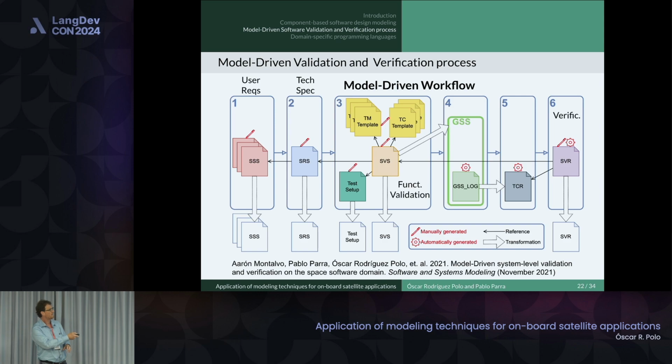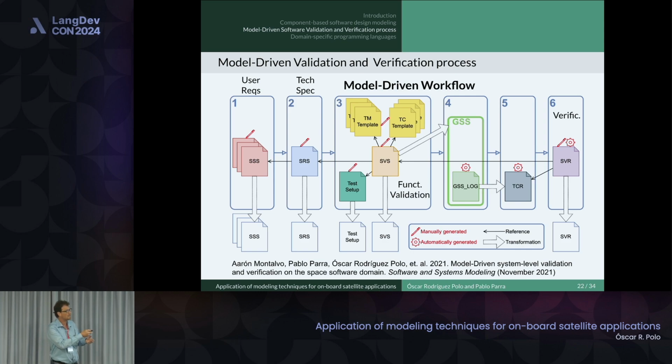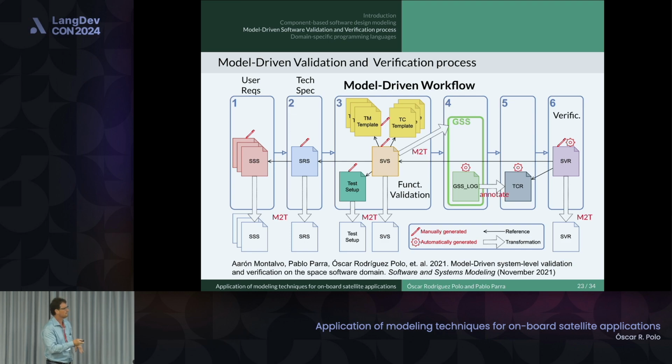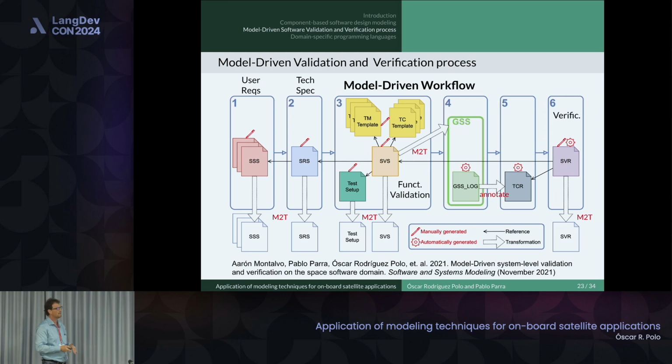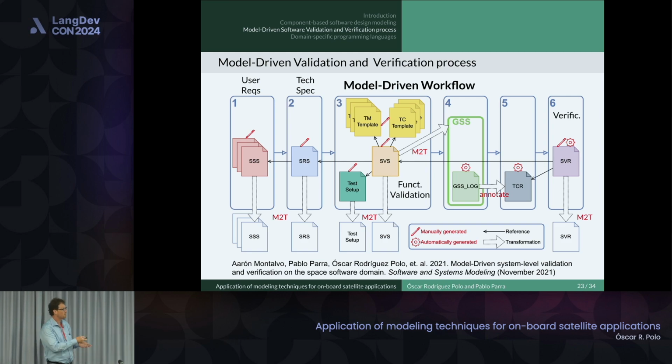After this approach, we could cover the activities of user requirement definition, technical specification, functional validation, and the verification of the system level requirements. And we also use model-to-text transformation to obtain the documents.